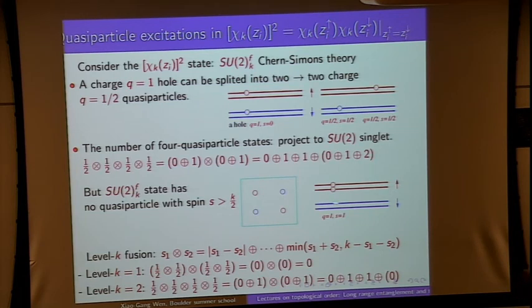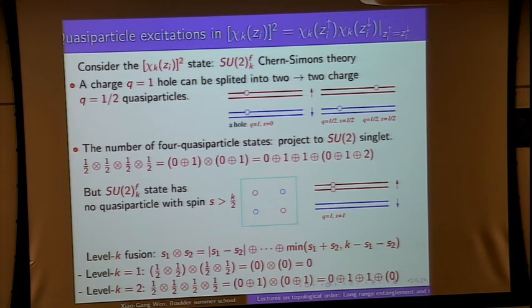So this really says that for low level, when you do this fusion, certain high spin is truncated and does not exist. At least if k equals 1, then fusing 2 spin 1/2, you don't get 0 and 1. You just get 0. The 1 is truncated. So that's a modification.